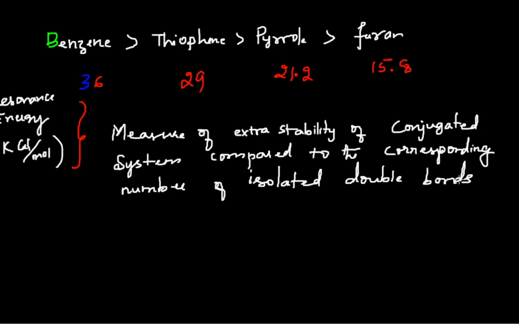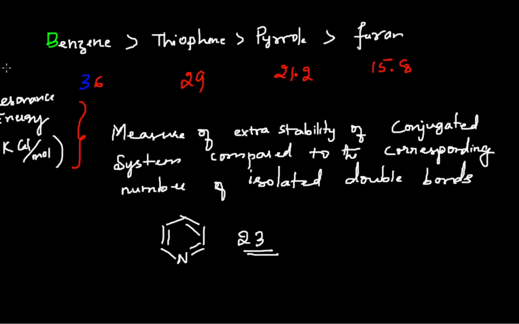Okay, so these are experimental values, and of course you should know that for pyridine it is 23 kilocalories per mole. So you can put the aromaticity values in order.